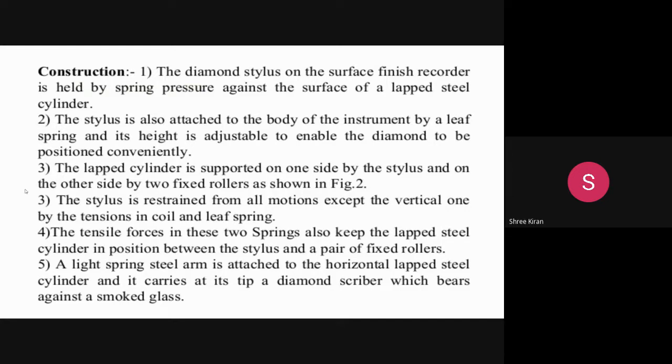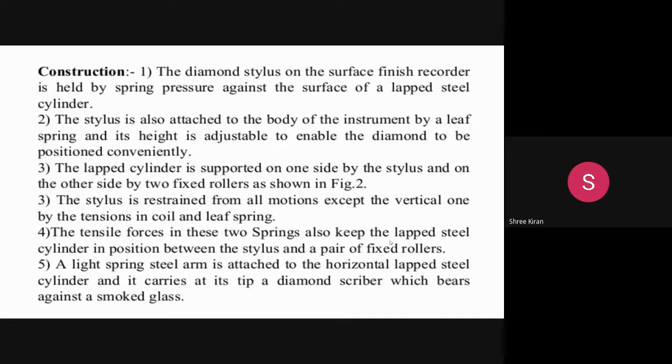Then the tensile forces in these two springs also keep the lapped steel cylinder in position between the stylus and a pair of fixed rollers.